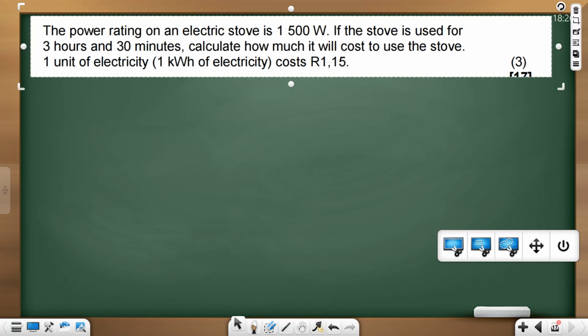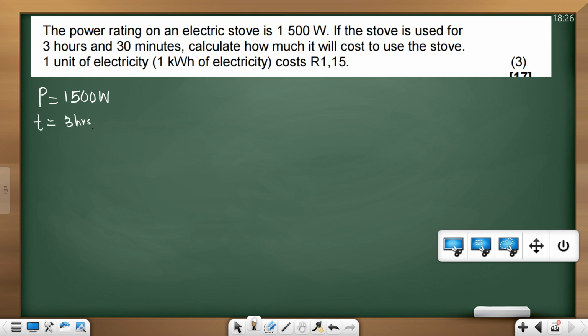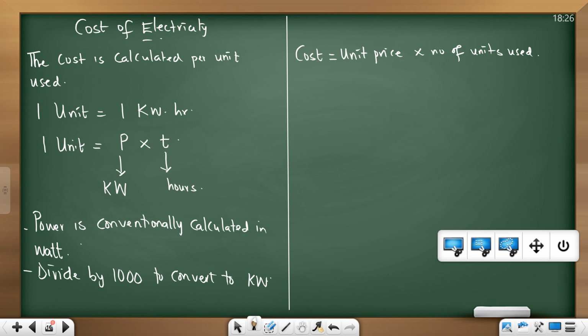The power rating of an electric stove is 1,500 watts. So already I know my power. Power, please, you must know your units. 1,500 watts. If the stove is used for 3 hours, 30 minutes, how do you convert minutes? You divide by 60. How do you convert seconds? Let me put that also.